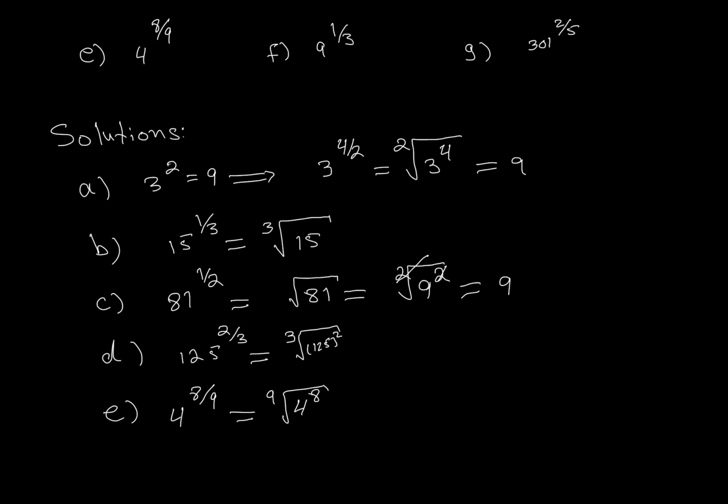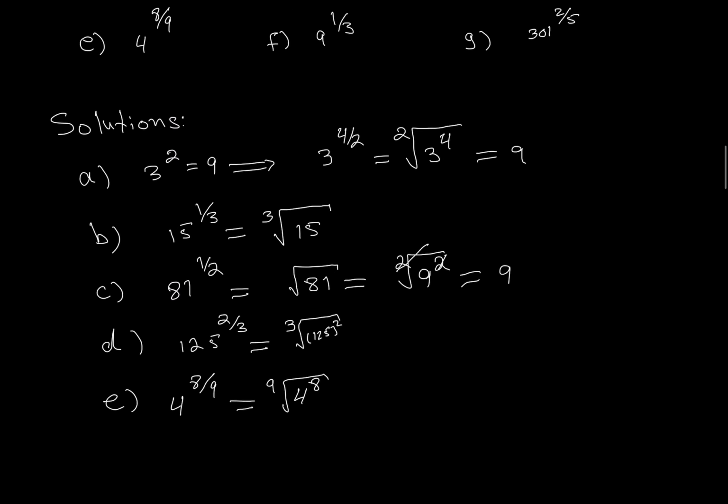So that's where we are, and I will leave you guys with one. I'll solve f, which is 9 to the power 1/3. We know the degree of the radical is 3, or the index of the radical is 3. So it'll be the cube root of 9, because the power of 9 is 1.